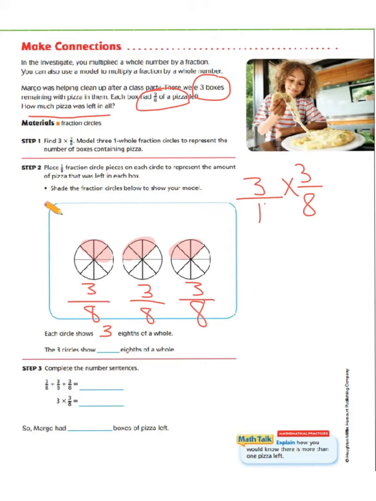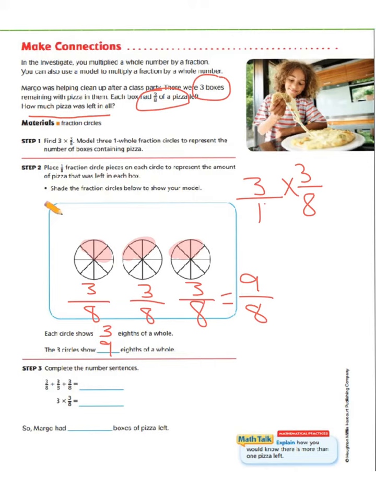The 3 circles show 9/8 of a whole. That's if we look at 3/8 plus 3/8 plus 3/8. Well, 3 plus 3 plus 3 equals 9. And we know when we add, we do not change our denominator. Our denominator stays the same. So 3/8 plus 3/8 plus 3/8 equals 9/8.